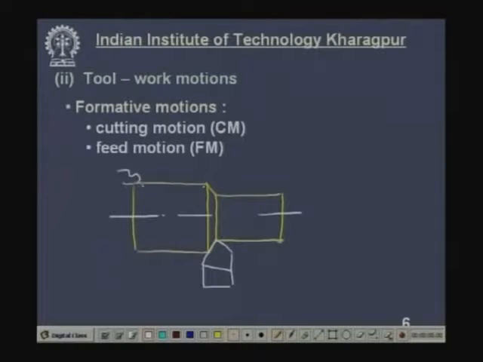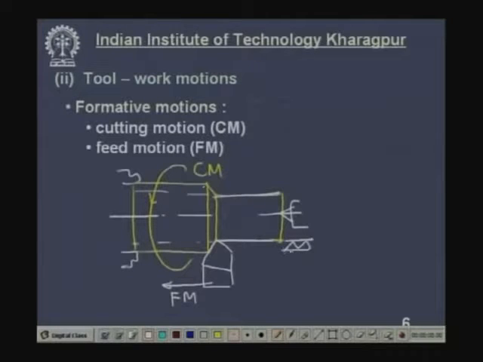This side it is held in a chuck, and this side may be a tailstock. Now, what are the motions involved? So, this job will be rotated about its axis. So, this is cutting motion, and the cutting tool will be moved along this axis of the job. This is called feed motion. So, the combination of this cutting motion and feed motion results in this surface by removing the excess material, and this is the finished surface produced.